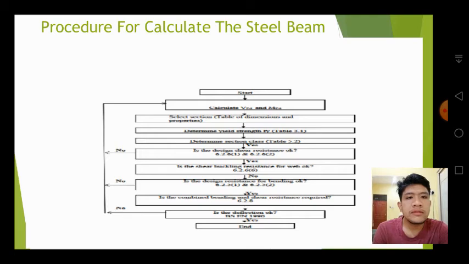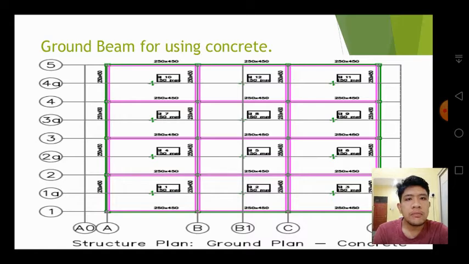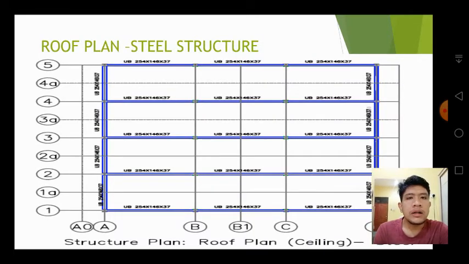If the design is okay, we proceed to the shear buckling check, and then determine the combination of element resistance required, and then we check the deflection. This is the ground beam for this concrete, where the size is 250 by 450. This is the roof plan steel structure.